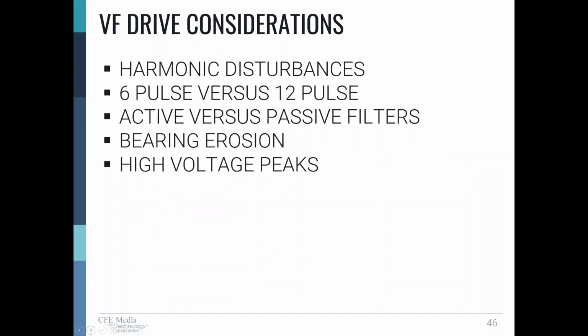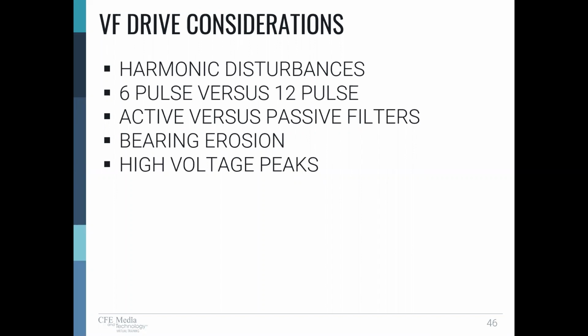VFD considerations, since we're talking about taking away VFDs, there's a lot of issues that you have when you have VFDs. You have the harmonic disturbances that we discussed with the 6 pulse versus 12 pulse, having to have harmonic filters. You have active versus passive filters as being 2 of the alternatives.